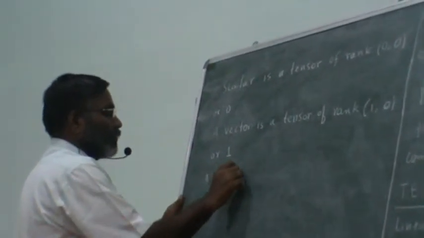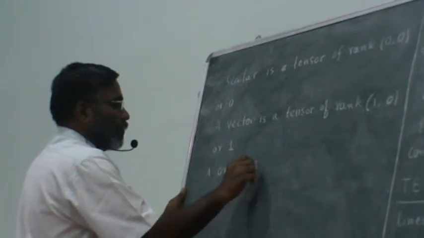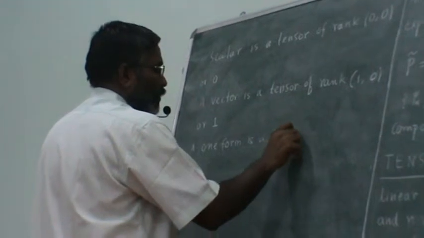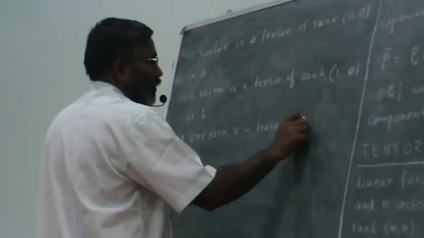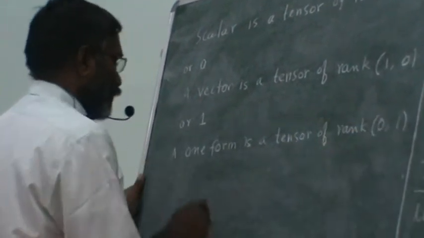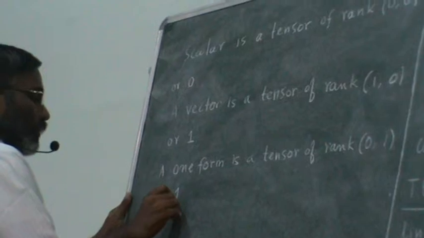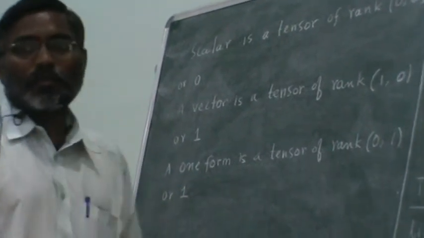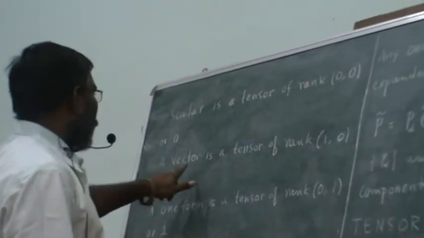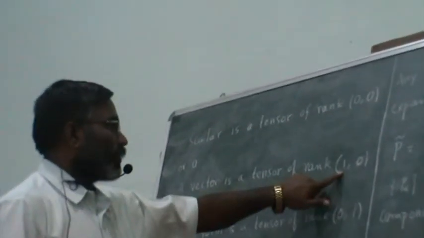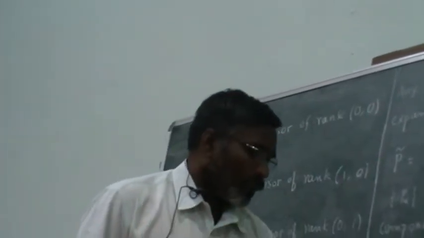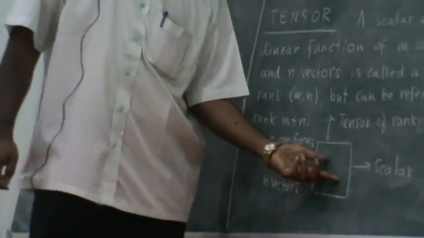Similarly, a one form is a tensor of rank (0, 1) or 1. So I think you have used M for one form and N for first index is for one form. Correct. That's correct. See, I am sending a one form, I should get a scalar, that means the tensor should be a vector.